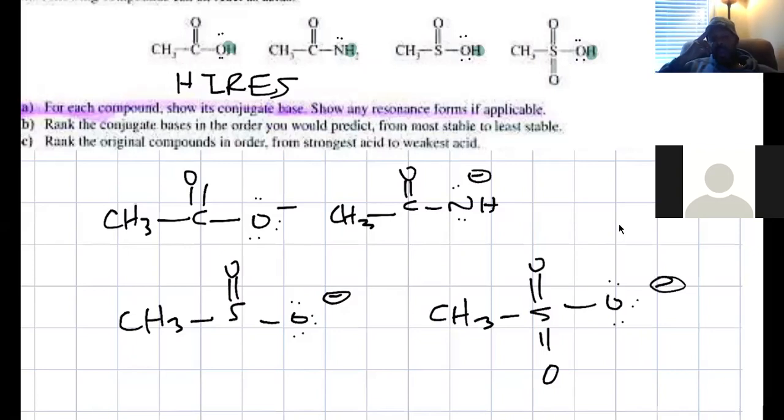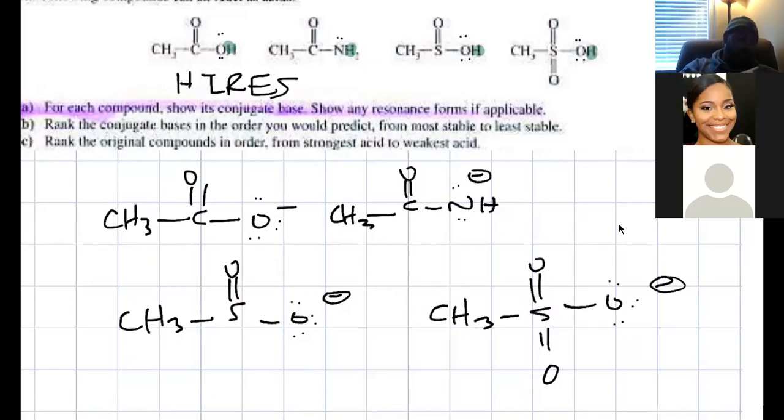Now, what are we comparing in each case? What can all of these do? Resonance. Thank you. They can all do resonance, right? And then in every case, the negative charge is on the same atom with the exception of nitrogen. So electronegativity is going to play a role, but the size won't necessarily play a role.